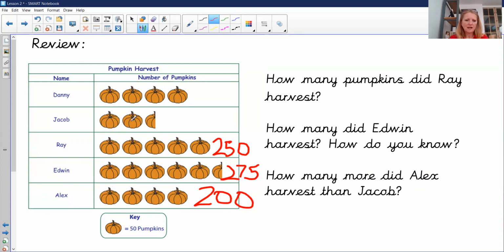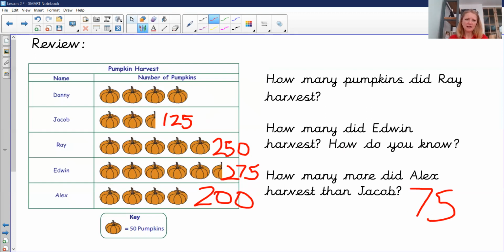So that means 50, 50, and 25, which is 125. There we go. So how many more did Alex harvest than Jacob? Alex was 200, Jacob was 125. So what's the difference between those two numbers? Or 200 subtract 125, it would be 75.